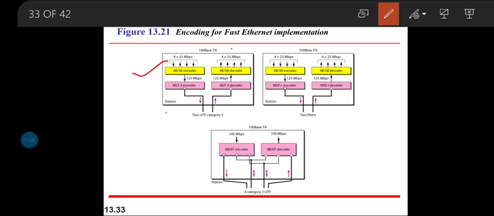And then we have the next thing, which is the MLT-3 encoder. MLT stands for multi-level transmit 3 scheme. What the scheme is meant for is good bandwidth performance. So in order to make the best utilization of the available bandwidth, we make use of the MLT-3 encoder.